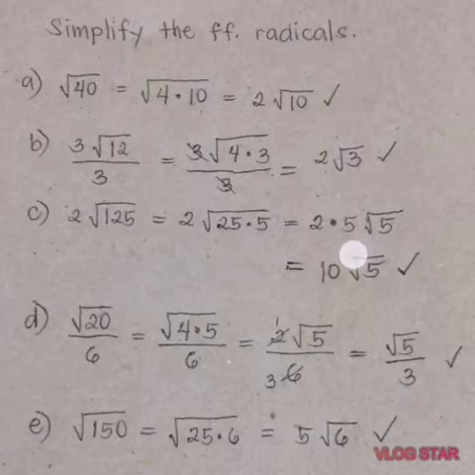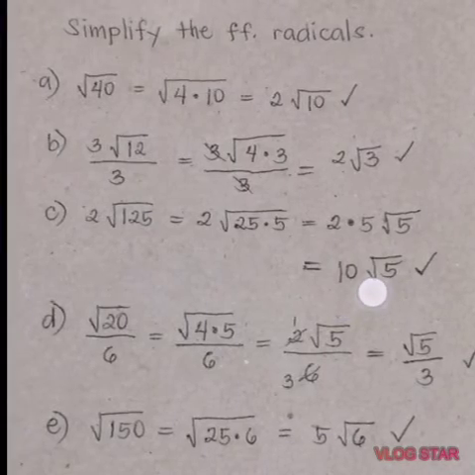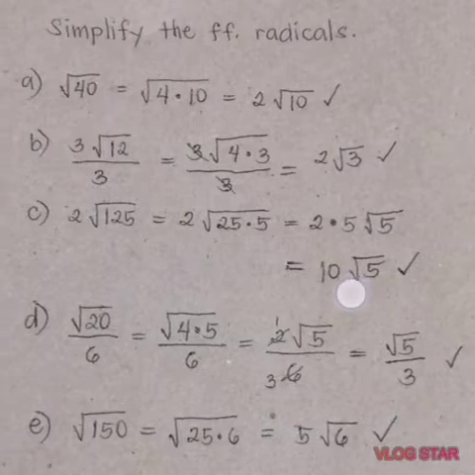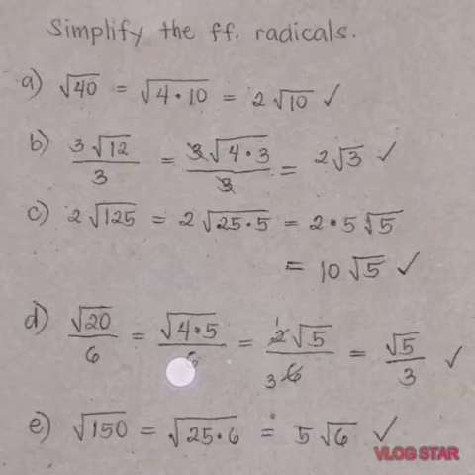You're going to put that outside the radical sign because it is a perfect square. And then what is left inside is square root of 5. Now, 2 and 5, you multiply that and it will give you 10. So the final answer now is 10 square root of 5.